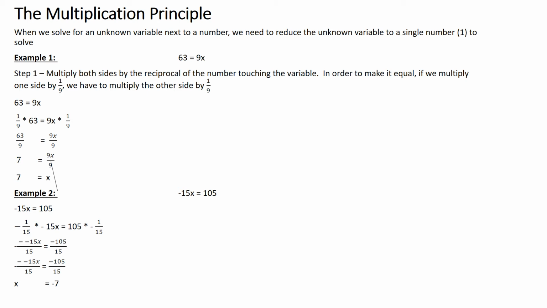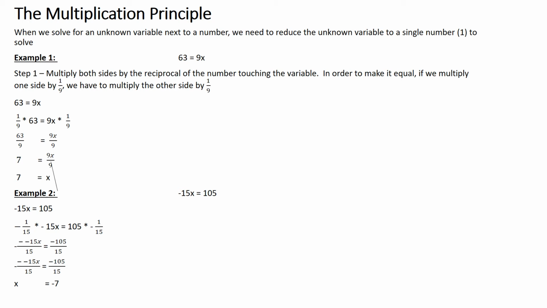Look at another example here. Negative 15x equals 105. I want to convert negative 15x into x to solve for the solution. So I'm going to multiply negative 15x times negative 1/15. If I do it to one side, I do it to the other. On the other side, I multiply 105 times negative 1/15.